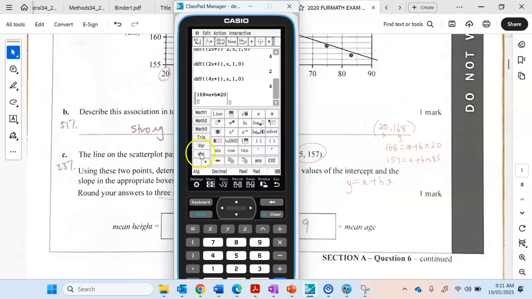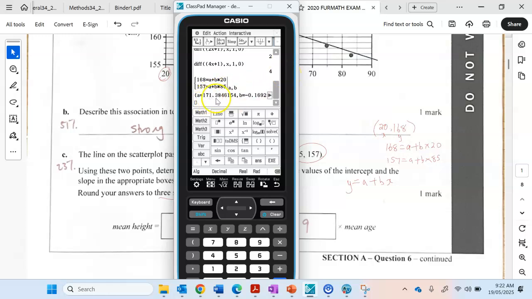So a and b can be found not with the var, but with the ABC. The only reason I wouldn't use x and y is because it can be confusing. So unless you're 100% confident, I would just stick to a and b. A plus b times 85. And then we're solving for a and b, so we go a comma b.